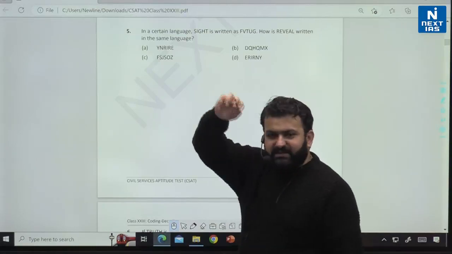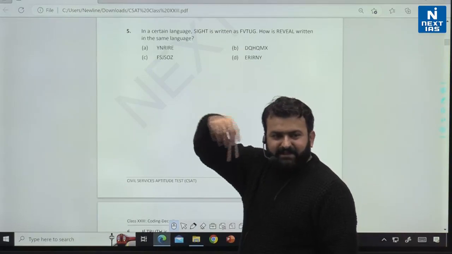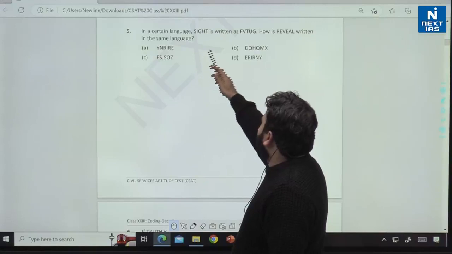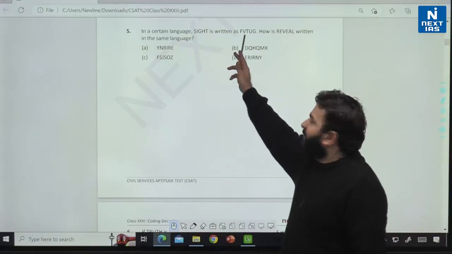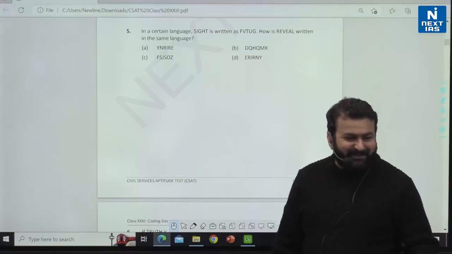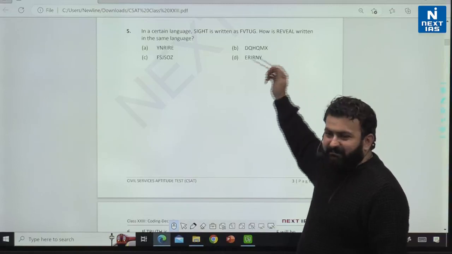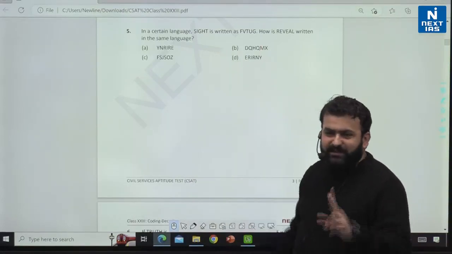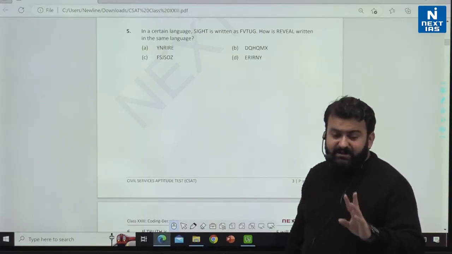So just write down A to Z and then you see -13, -13, -13. R is 18, 18 minus 13. Now see, this question is so easy that in place of S, F came. So following the same pattern throughout, in place of R, -13 you get E. Just check two letters. Not only two, always check 2-3 letters.